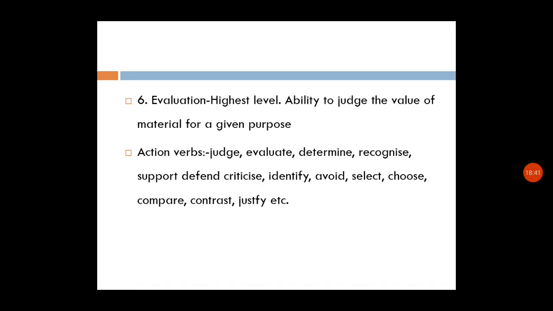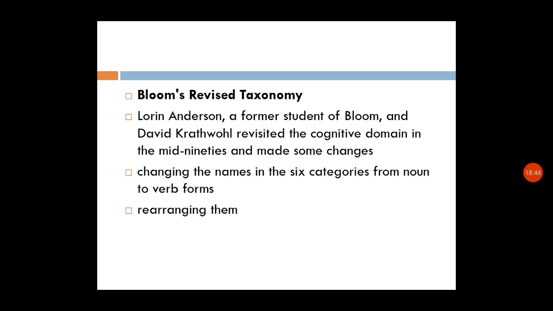Later, Lorin Anderson, a former student of Bloom, and David Krathwohl revisited the cognitive domain in the mid 90s and made some changes. Anderson, as a student of Bloom, revisited this particular cognitive domain, found some mistakes, and did some rearrangement.